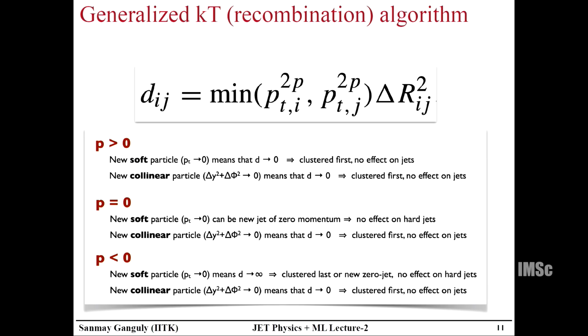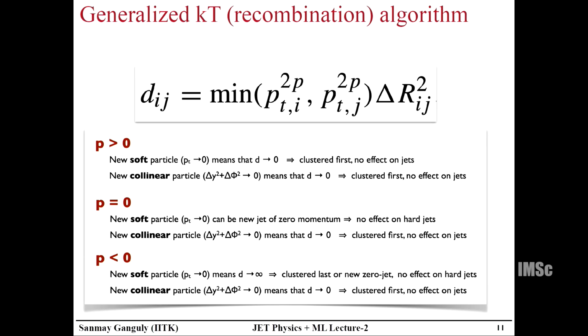For p greater than 0, when I have PT1 square and PT2 square, the minimum of PT1 square and PT2 square will always pick up the softer particle. So that's why a KT jet is more affected by the presence of soft particles in the vicinity.